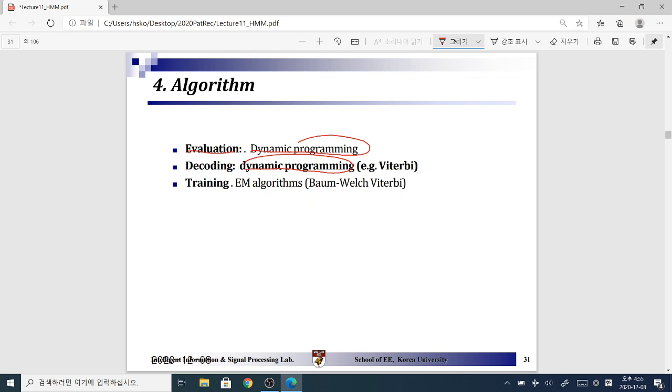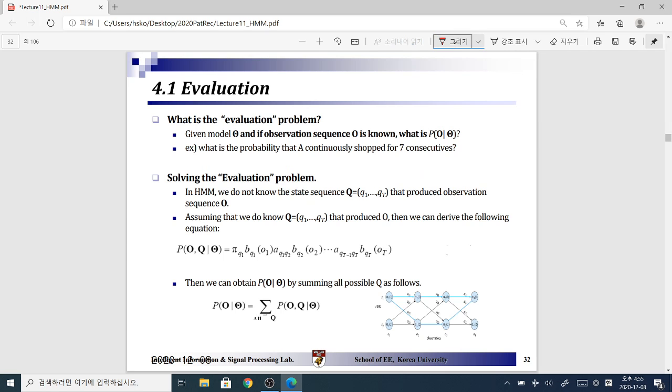For training, we do it using the EM algorithm, or expectation maximization algorithm. Okay, so let's move on to each of these elements. Number one, evaluation. Evaluation is the first of the three basic problems.